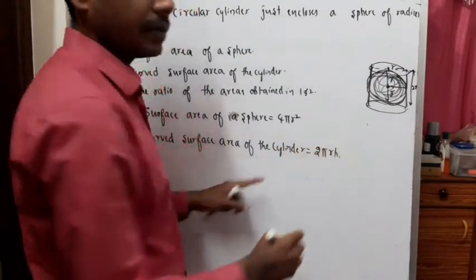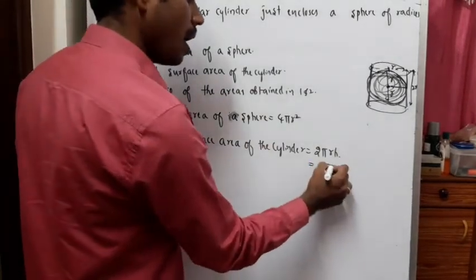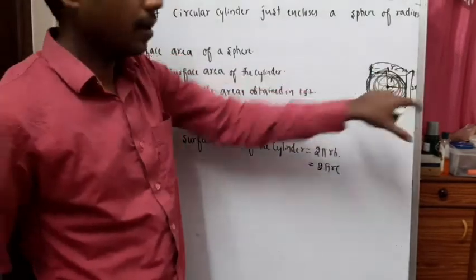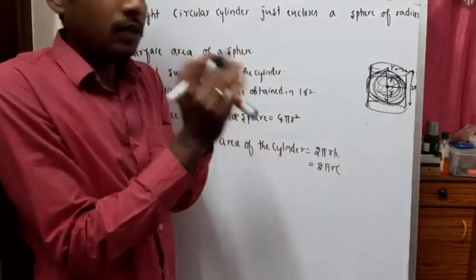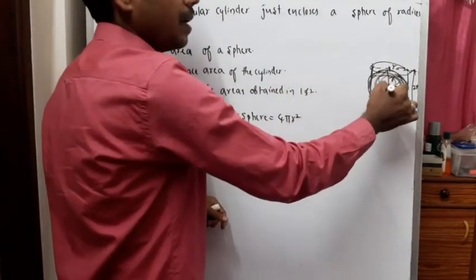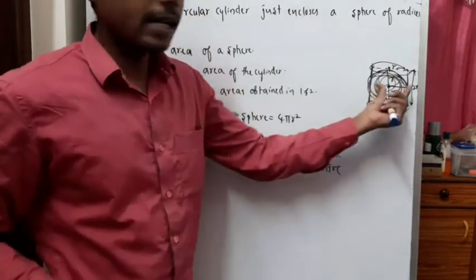Yes or no? Curved surface area of a cylinder formula is 2 pi RH. Then it is 2 pi r into H, and H is nothing but 2r, because since the sphere is just enclosed by the cylinder, the radius of the cylinder will be equal to the radius of the sphere.